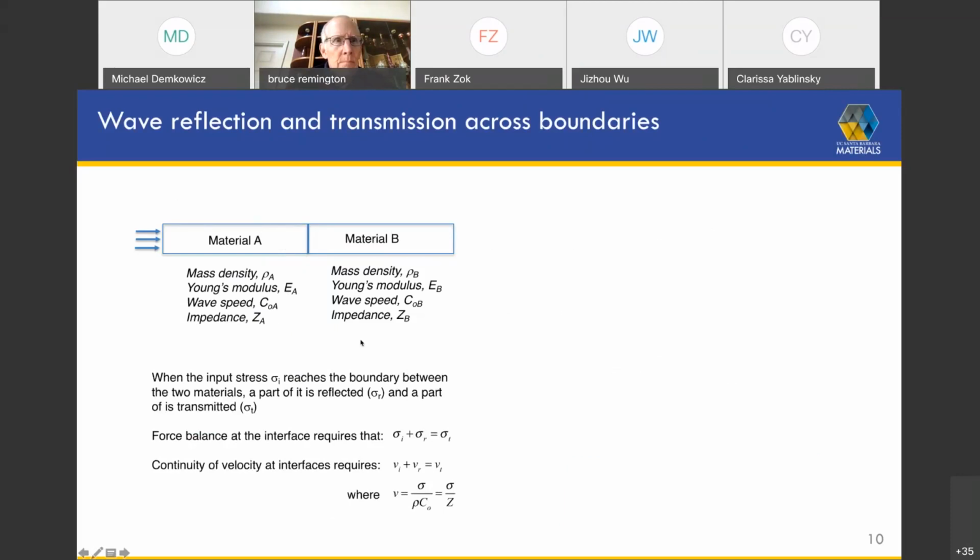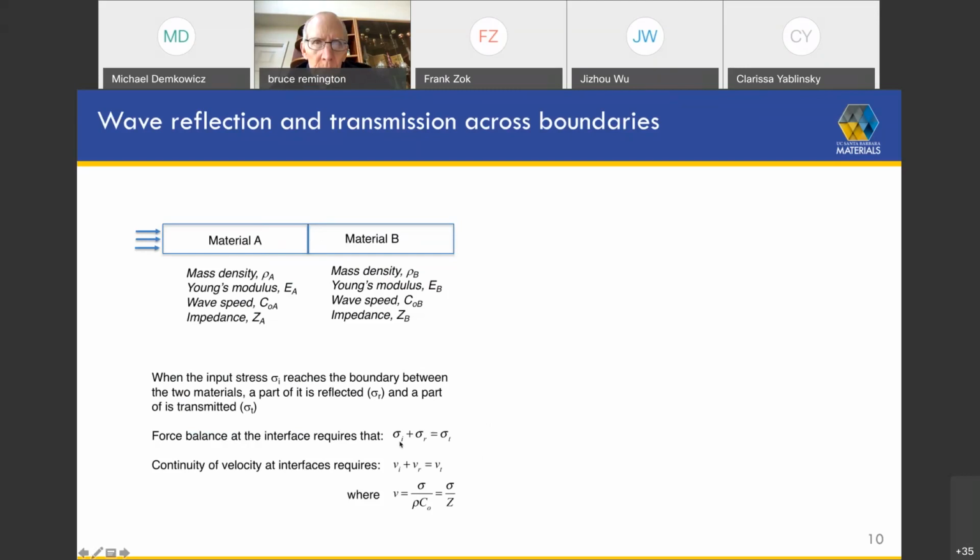And what we do now is we consider what happens when this stress pulse reaches this interface. Now here we make use of two conservation equations, essentially. Firstly, we set the forces at this boundary in material B equal to the forces in material A. There has to be a force balance at that interface.